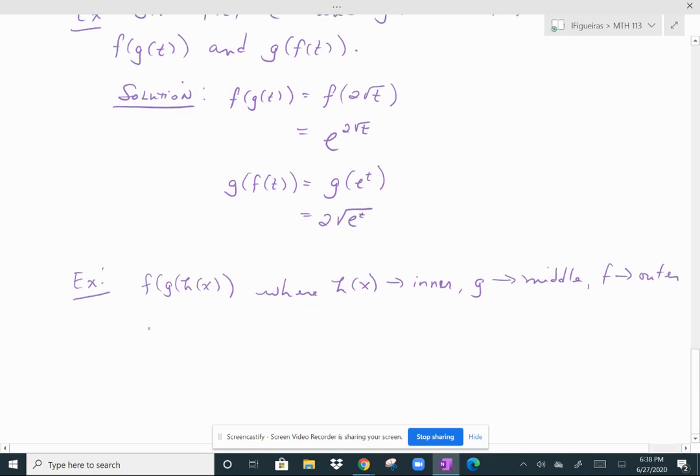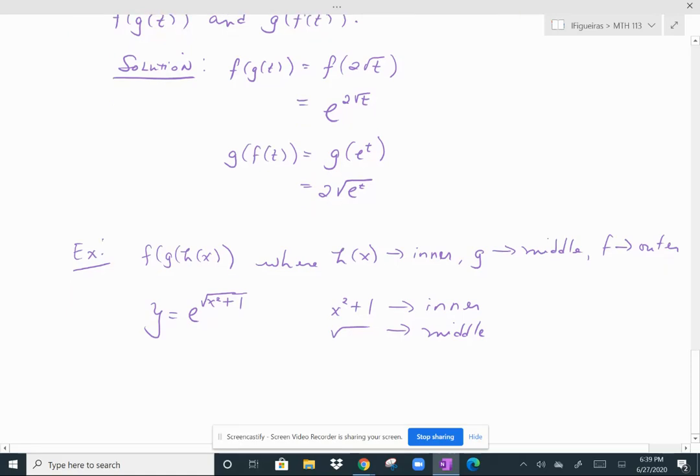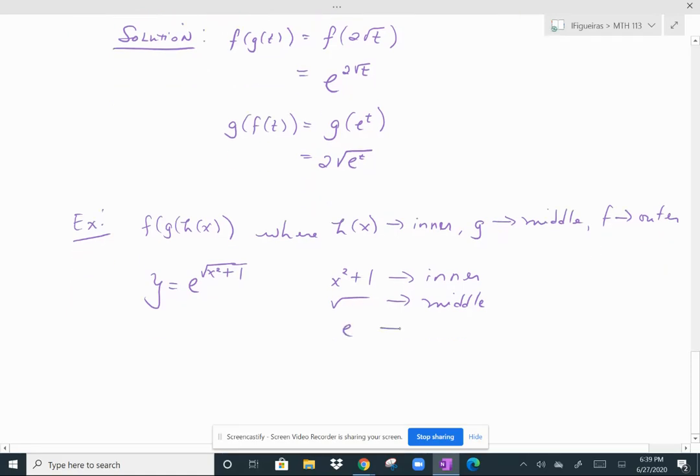An example of that would be something like, let's say y equals e to the square root of x squared plus 1. So x squared plus 1 would be the inner, the square root function would be the middle, and e would be the outermost function. For the most part, you'll just be dealing with 2, an outer and an inner, but it is possible to have even more than 3.